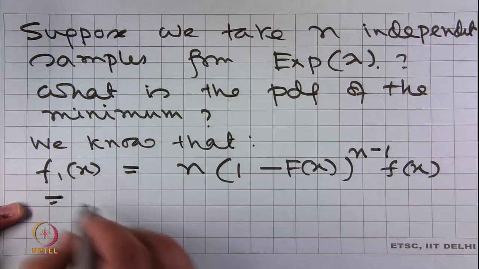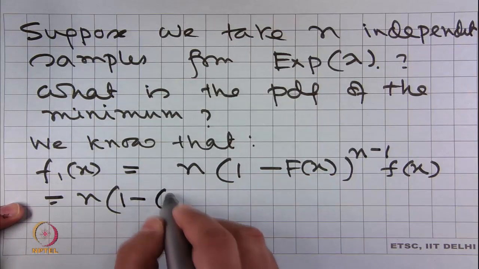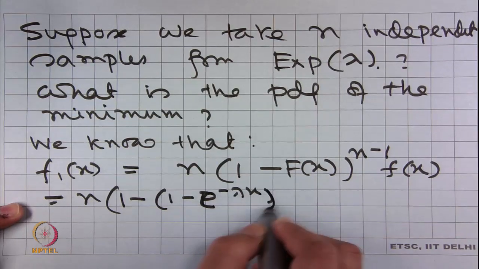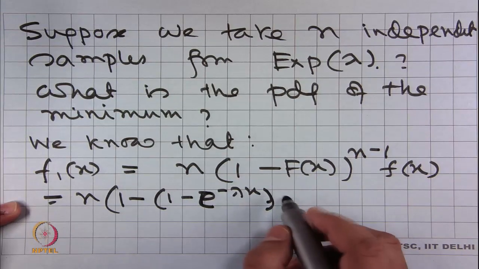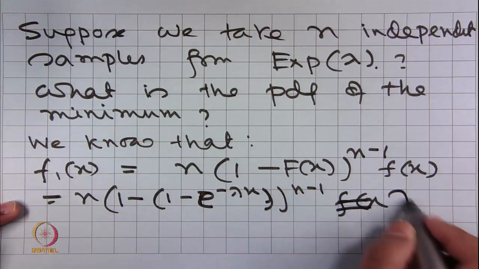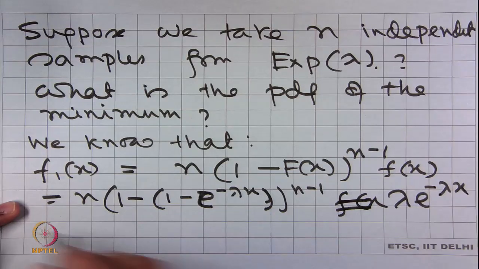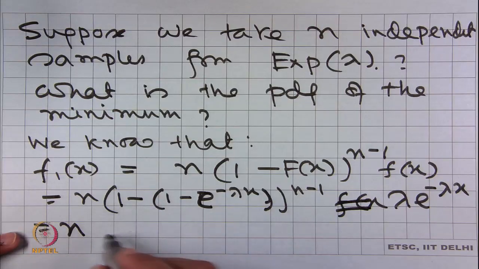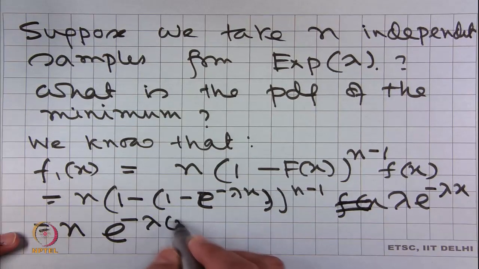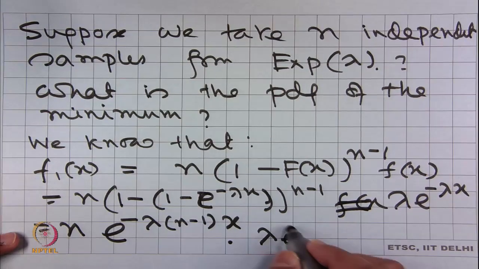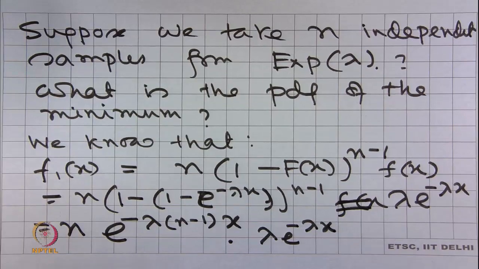So, in this case it is going to be n into 1 minus e to the power minus lambda x whole to the power n minus 1 times lambda e to the power minus lambda x, which is equal to n into 1 cancels, e to the power minus lambda into n minus 1 x into lambda e to the power minus lambda x.